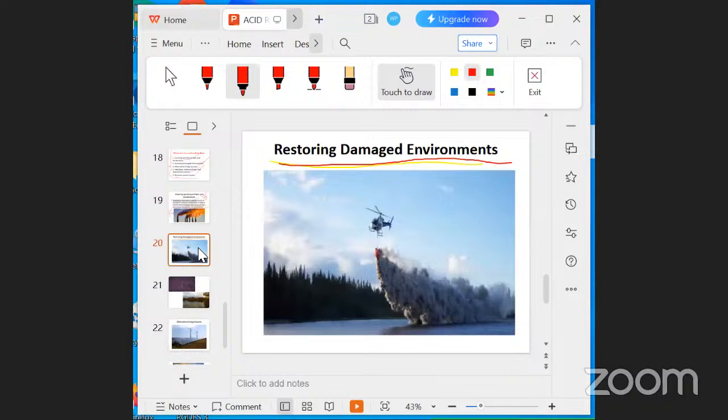It is a practice that people can do to repair the damage caused by acid rain to lakes and rivers. Adding lime into acidic surface water balances the acidity.